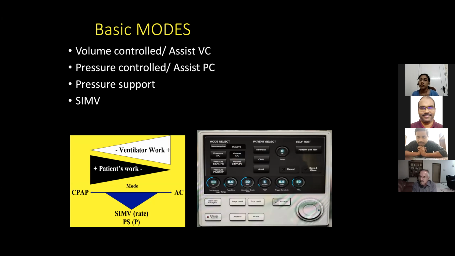Whenever the patient starts breathing, it is always better to go in for a pressure assist because the flow is better for the patient. Synchronization is better. So when the patient is paralyzed, volume control would be a better option. When the patient starts breathing, assist pressure control is better. When the patient has good capability, always go with pressure support and then plan for extubation.